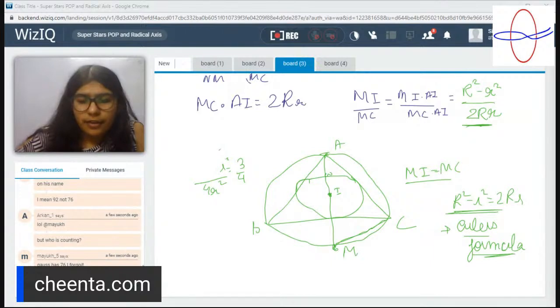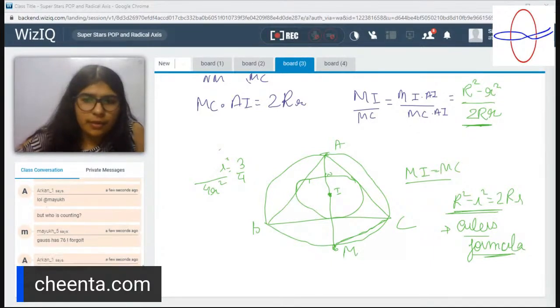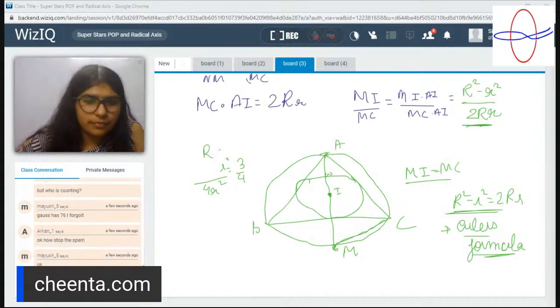For an equilateral triangle, MI equals MC, so this is always true even for an equilateral triangle, and that is not true. Okay?